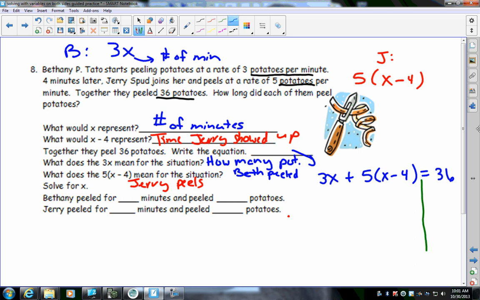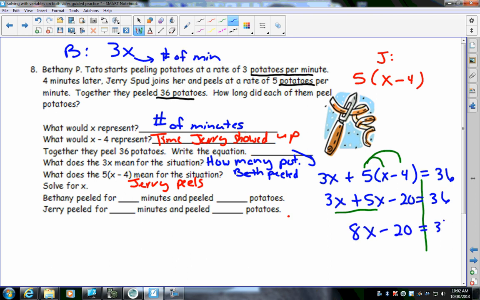Now, the 3X just comes down. And now you have to do the distributive property. So I have 5 times X, which is 5X. 5 times negative 4 is negative 20, equals 36. Add your X's together. 8X minus 20 equals 36.